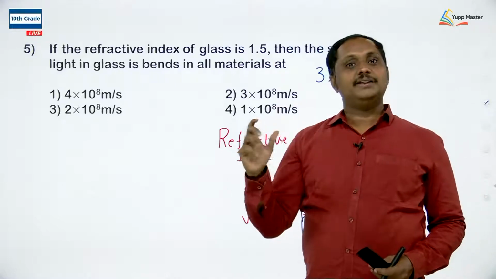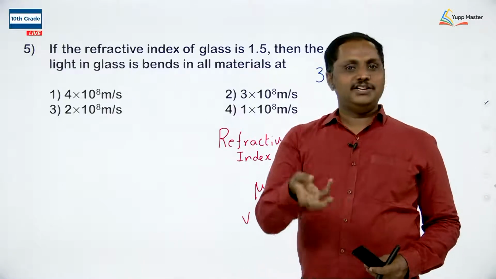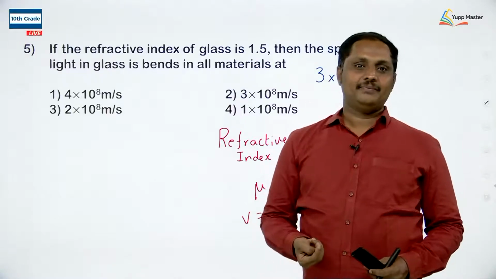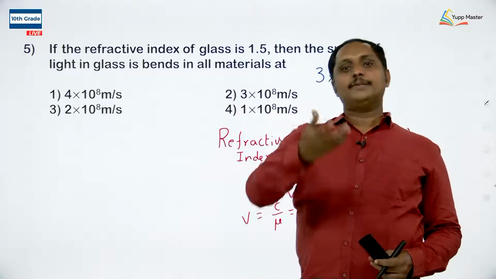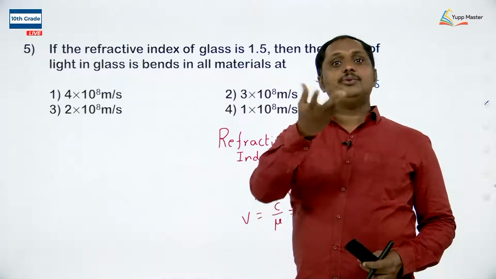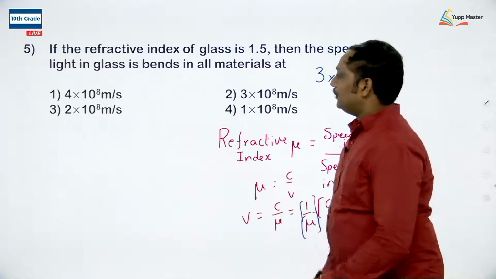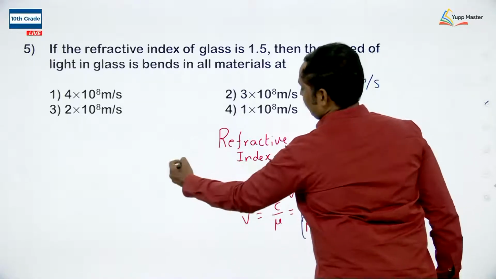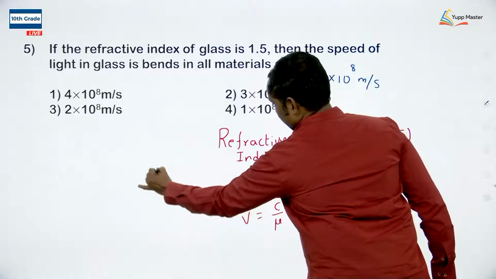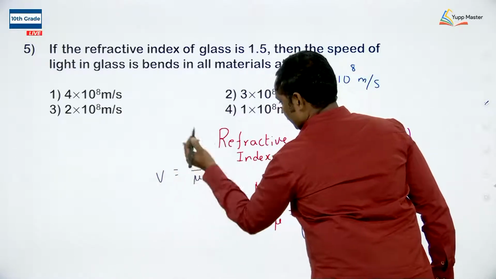Generally, whenever light enters from one medium to another medium, there is a change in its speed. You need to estimate that, and if the refractive index of that medium is known, then only you can have that idea. So, in the given problem, therefore, V is equal to C by mu.